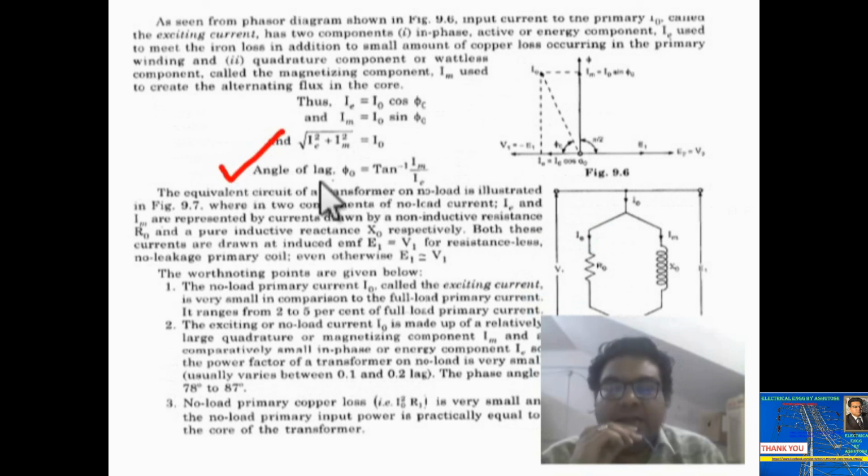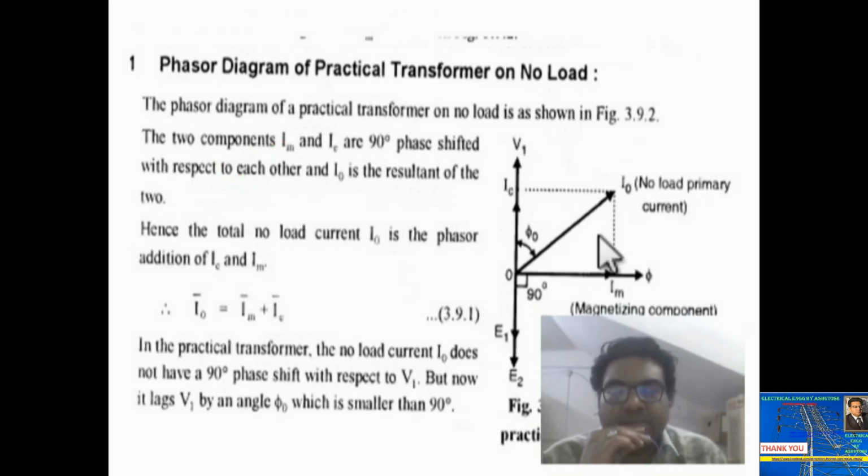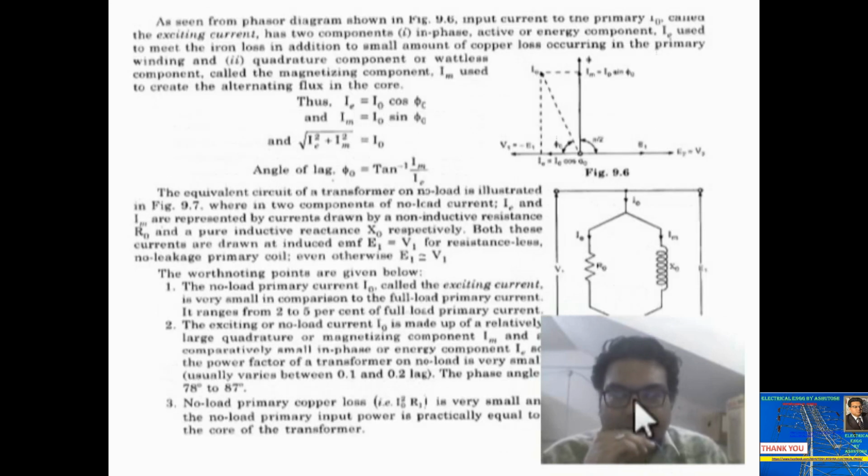And guys, tan phi also you can find out. What will be your tan phi? Okay, see in the diagram here, tan phi is perpendicular upon base. So Im upon Ic is equal to tan phi naught.